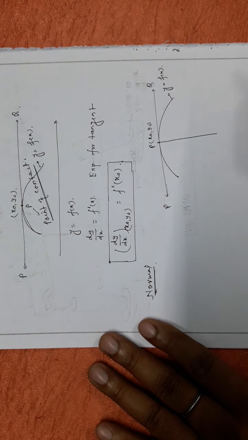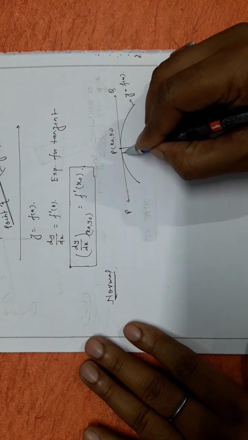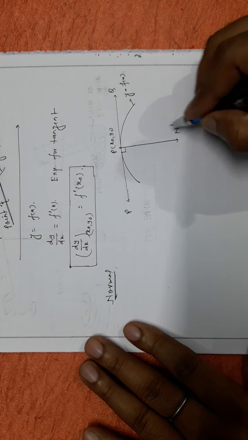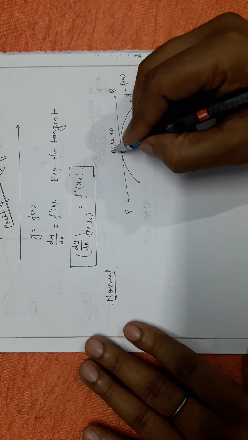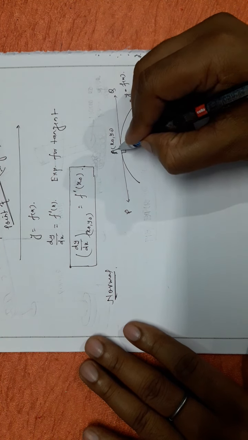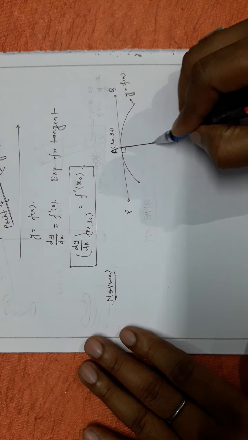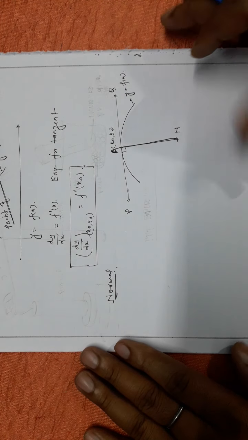I am constructing a line perpendicular at the point of contact of the tangent and it is named PN. Suppose the point of contact is A. So AN is called the normal at the point of contact A.